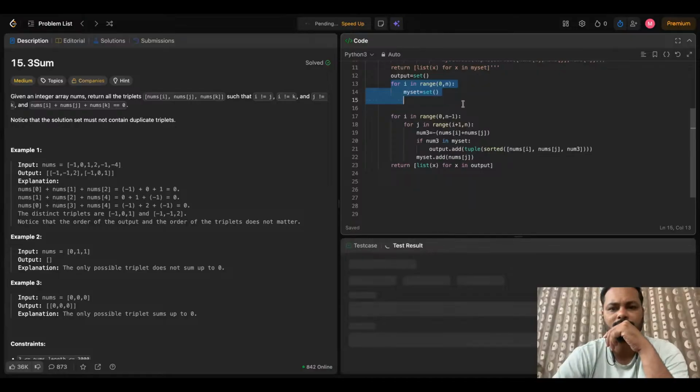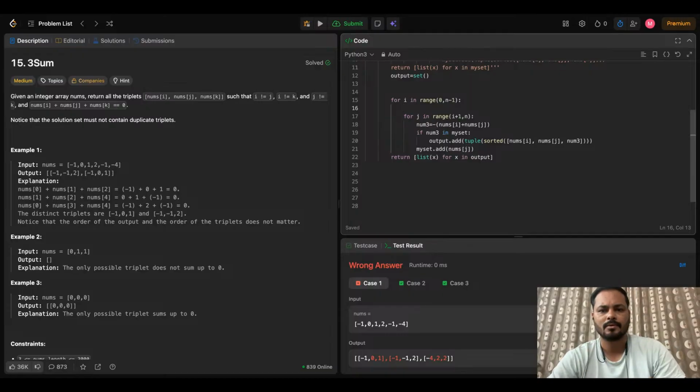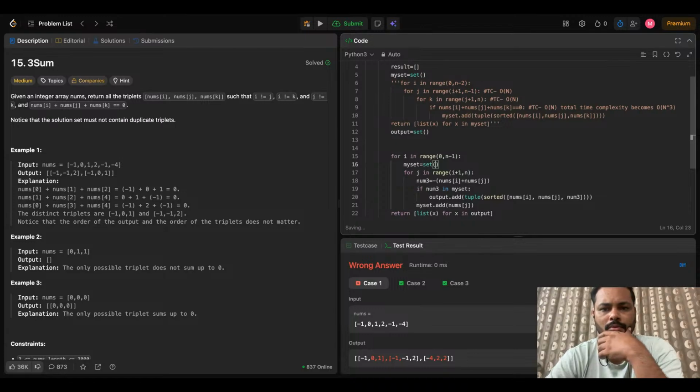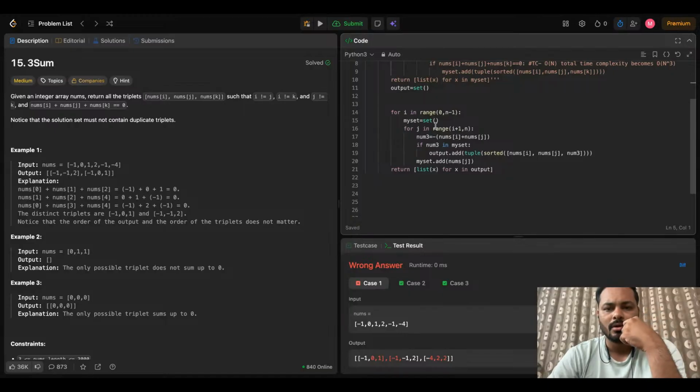I don't require this then. I'm just putting this because if I put my set there, then the j will be going wrong.